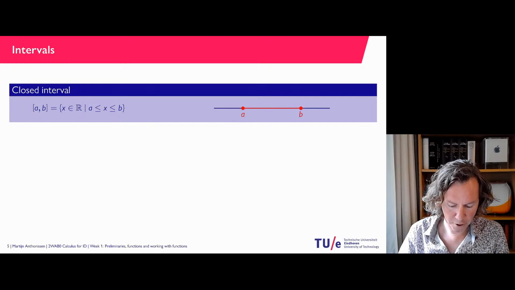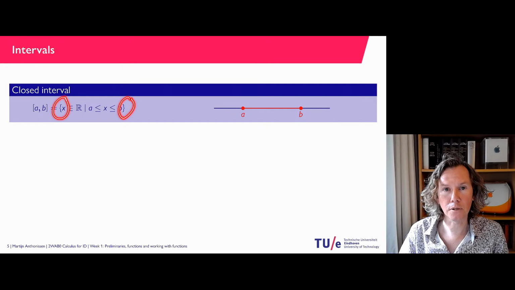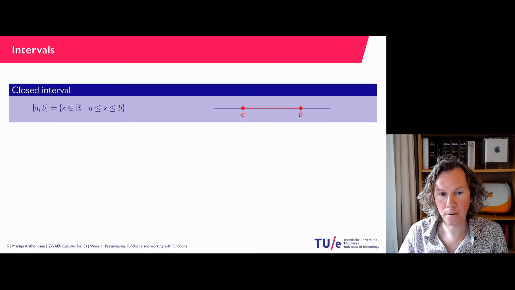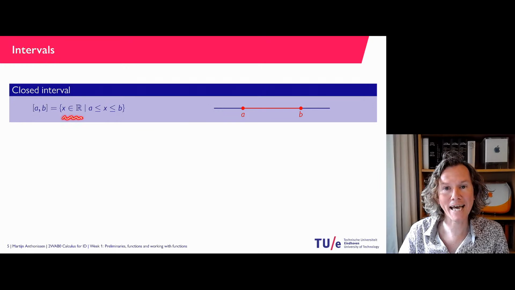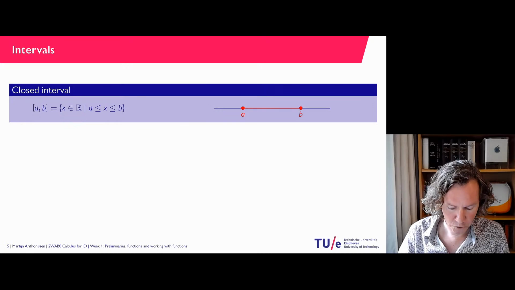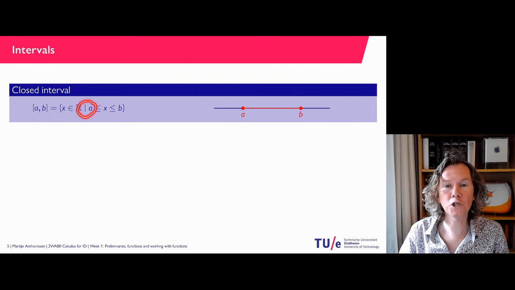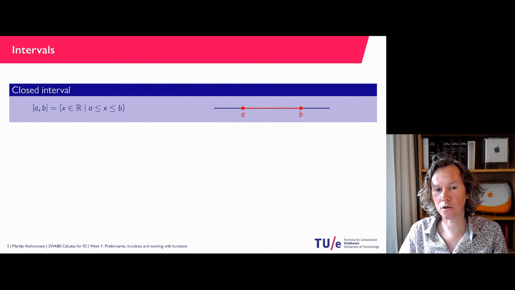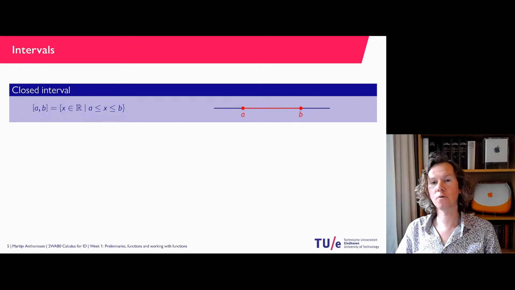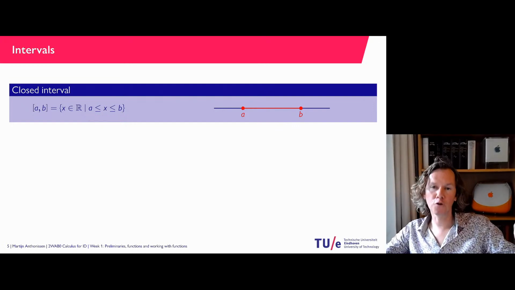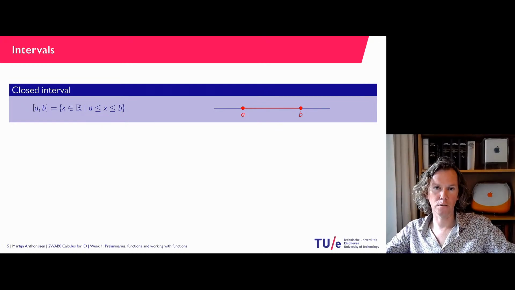So if you write here, these things, these accolades, mean there is a set coming up. Then that set is every real number, every x in R. This here means for which the following condition holds true. So every x in R for which holds true that a less or equal x less or equal b. So a, b, and every number in between. That's what it says here.